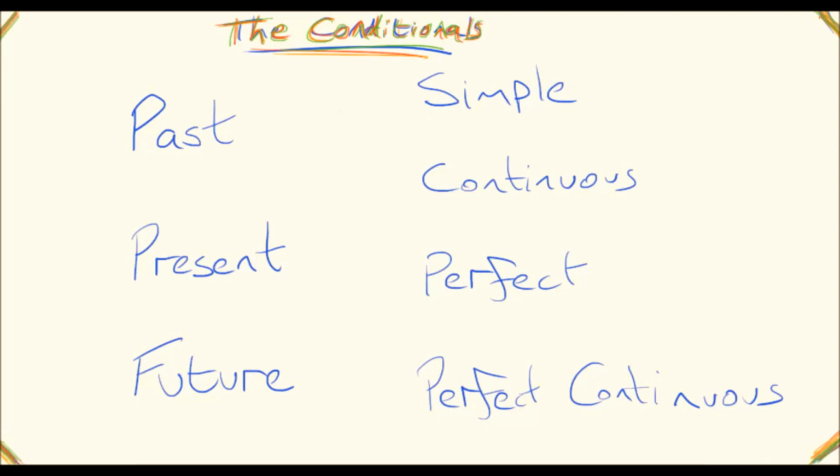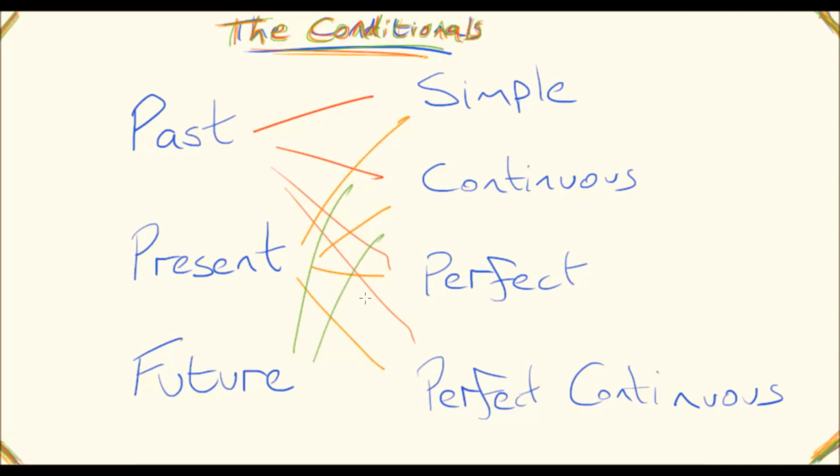And hopefully you remember that all we really do is, well, we've got 4 past, so past simple, past continuous, past perfect, past perfect continuous. We've got present simple, present continuous, present perfect, present perfect continuous, and we've got future simple, future continuous, future perfect, future perfect continuous. 12 tenses, nice and logically laid out, and there you are.